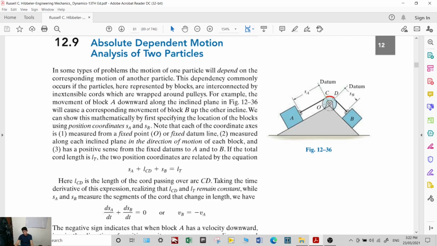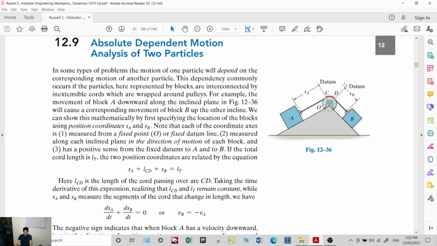One consideration is that the datum should be fixed, not moving. If you want to get the total length of the cord, you just add this position vector S sub A. S sub A is measured from the datum up to this object A. Depending on the motion of A, it will increase or decrease.